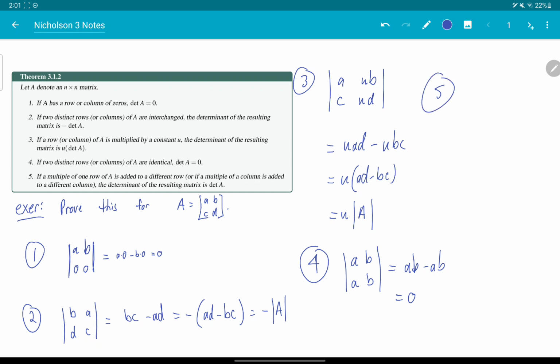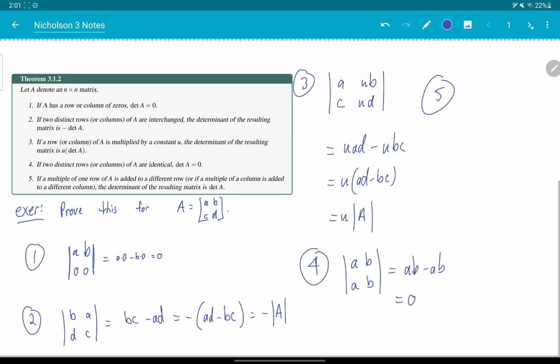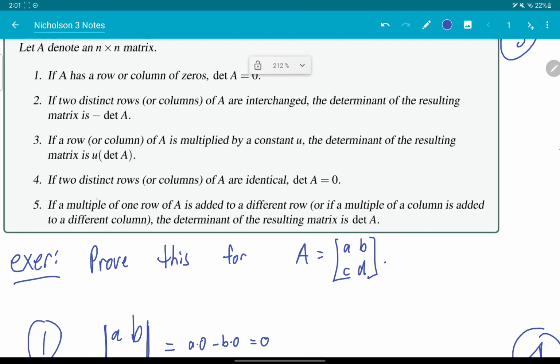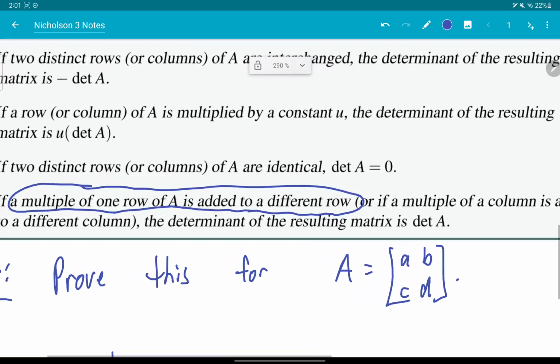5. If a multiple of one row of A is added to a different row. Now I call this, with some frequency, a replacement. I call this a replacement operation.